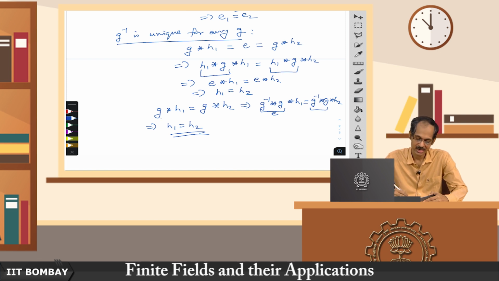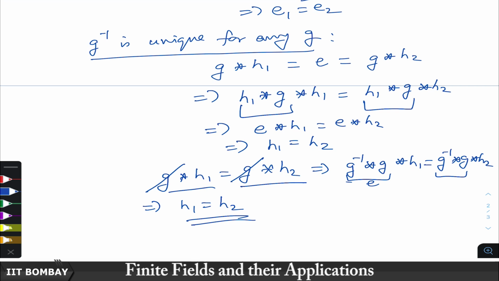What it means is that effectively you can cancel G from both sides and get H1 equal to H2. This process is the process of cancellation. Now, we have to be cautious here that you cannot cancel if G is on the left hand side here and on the right hand side here.